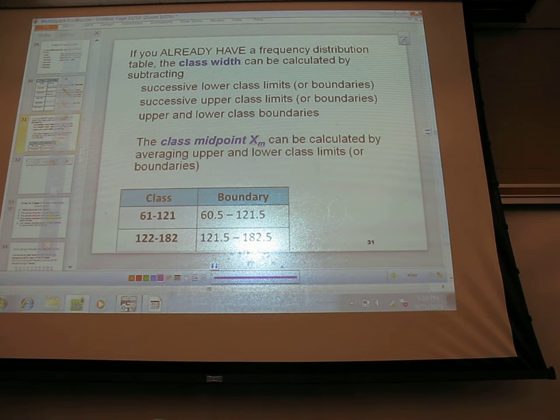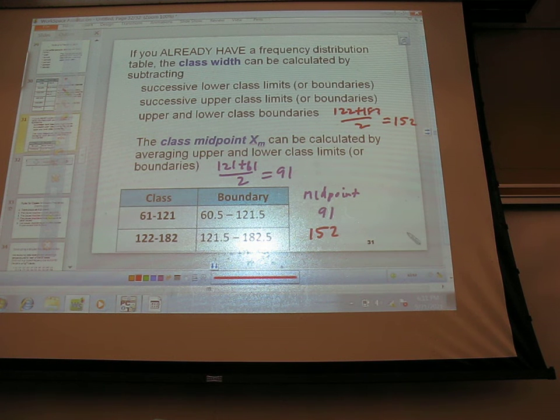You're going to find the middle, right? So here I'm going to take 121 plus 61, divide by 2 because there's two of them, I'll get 91. So the midpoint here is 91. For the next one, 122 plus 182 divided by 2, I'll get 152.